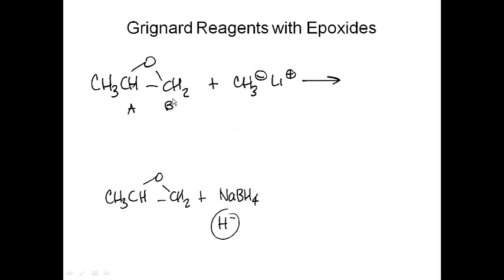Now, when we open up epoxides with Grignards, and I'll just talk about Grignards at the moment, the CH3- is not a weak nucleophile, it's a strong nucleophile. And so therefore the mechanism of opening the epoxide up is going to change. We didn't talk about base catalyzed ring opening last semester.